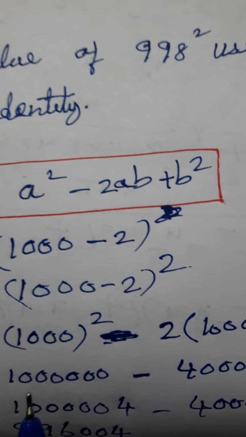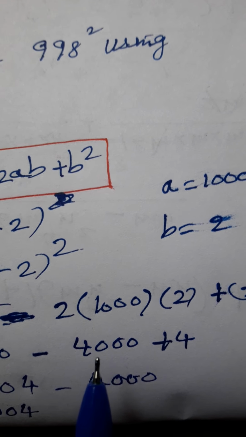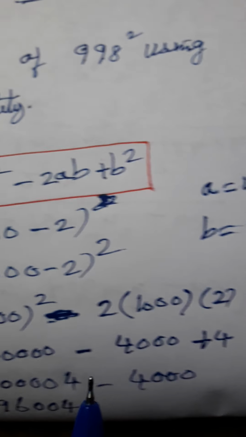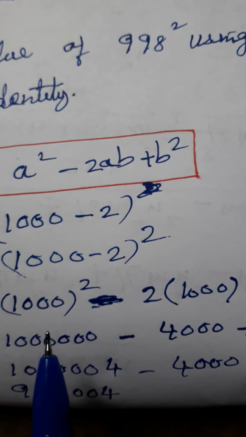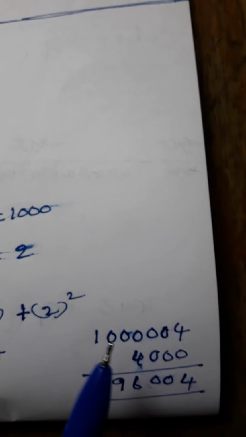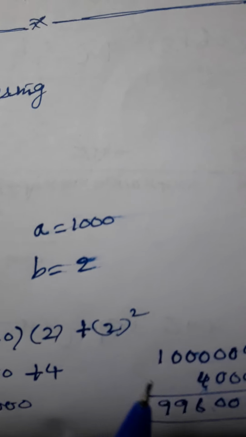So 1000 into 1000 is 10 lakhs, minus 2 into 2 into 1000 is 4000, plus 2² is 4. So first we add this 10 lakhs plus 4. Here 10 lakhs 4, and subtract 4000.